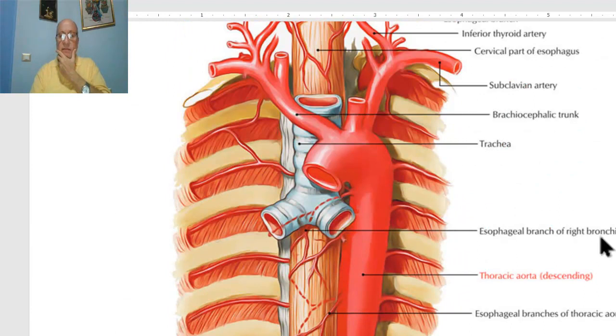Mainly, all this area is related to left lung and left pleura. And remember the mediastinal surface of the left pleura. There is a longitudinal groove behind the hilum of the left lung for the descending aorta.